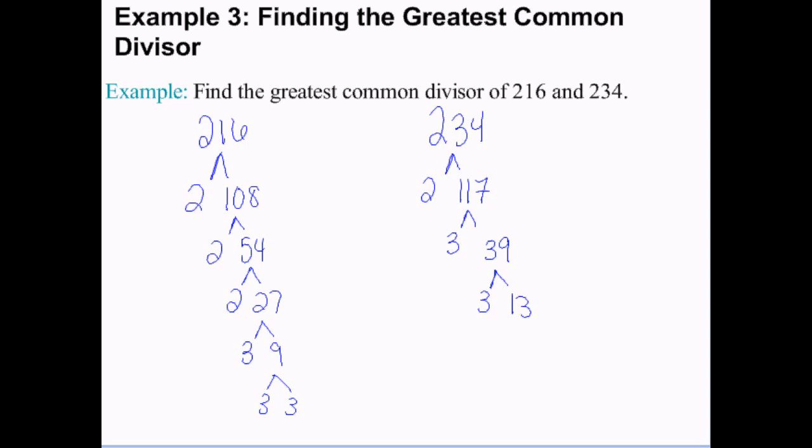I look at everything they have in common, and I pair them up. They have a pair of 2s in common. And there are 2 pairs of 3s in common. They have a pair of 3s in common, and then another pair of 3s in common.